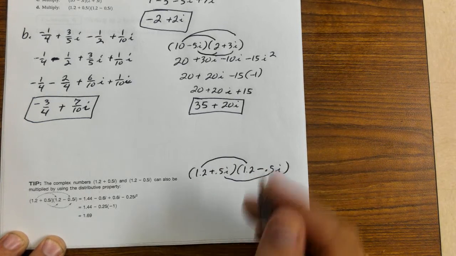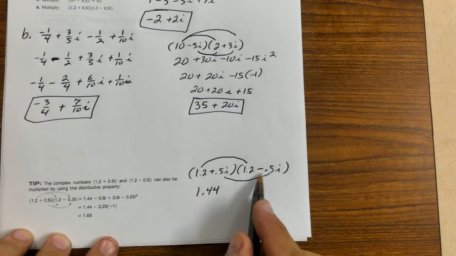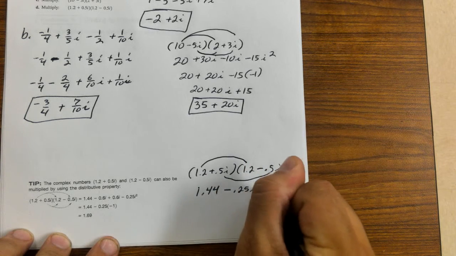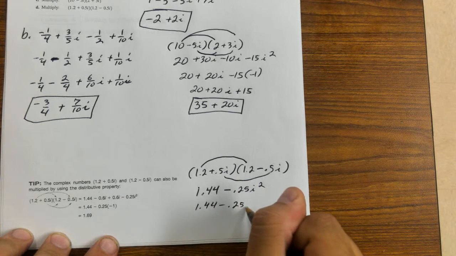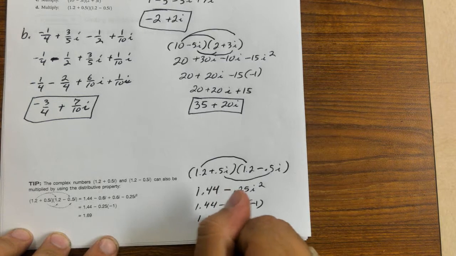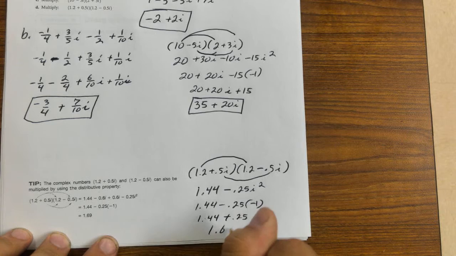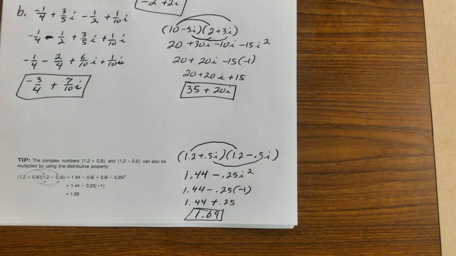So 1.2 times 1.2 gives us our 1.44. 0.5i times a minus 0.5i does give us minus 0.25i squared, but i squared is really negative 1, and so this gives us 1.44 plus 0.25, which is why we get 1.69 as our answer for example 4D.